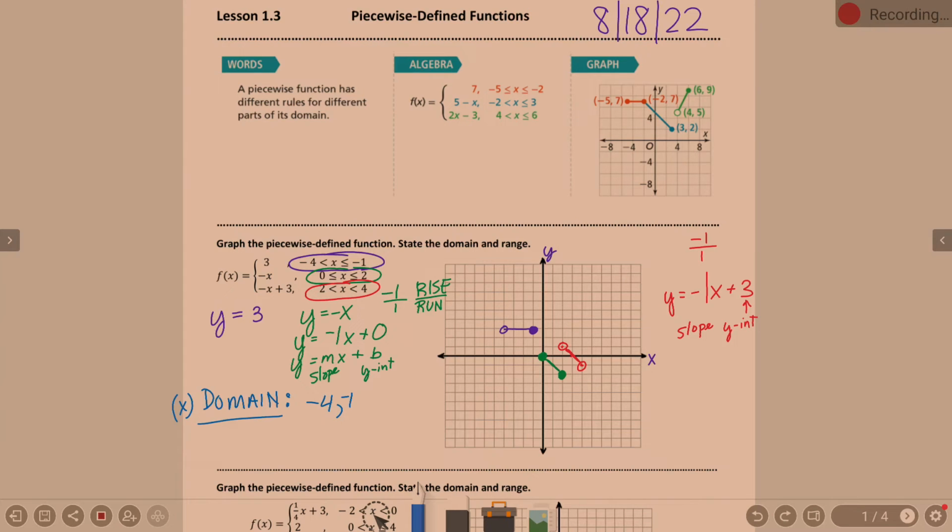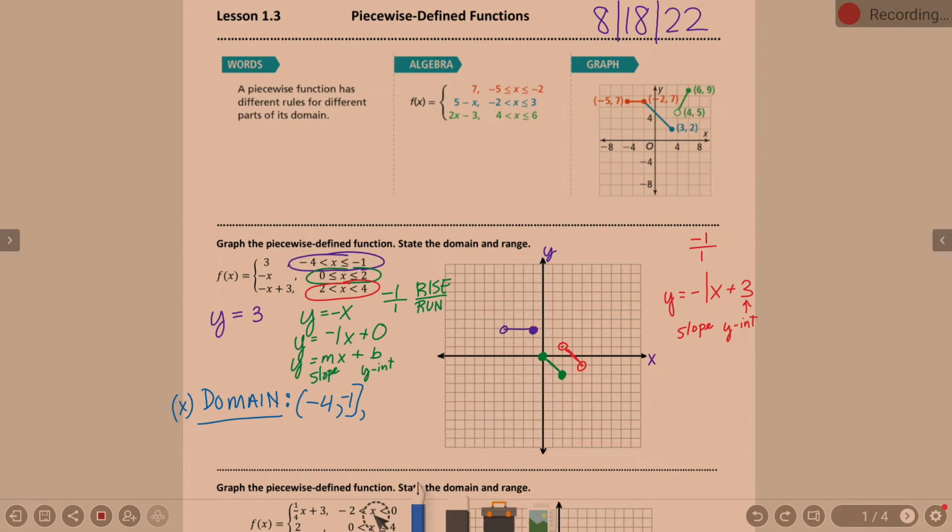In other words, do I want a bracket or a parenthesis? You remember this from lesson 1, which was kind of a disaster, but I got it. What do we do for an open circle? Yeah, parentheses. What do I do about -1 that has a closed circle? Bracket. We do bracket. So that's part of our domain.